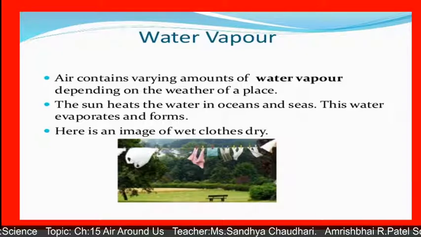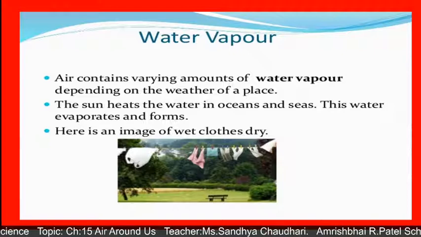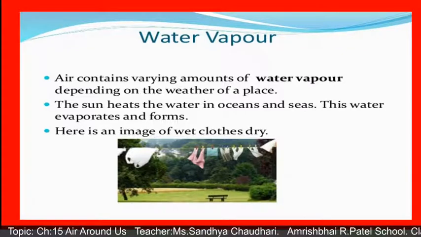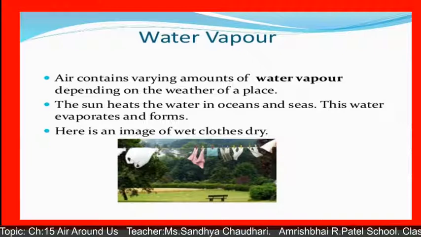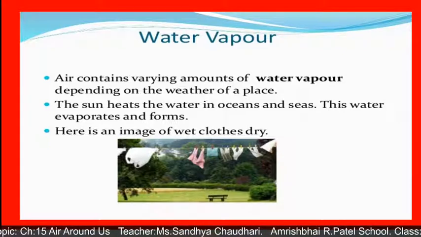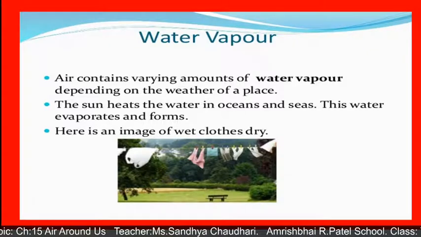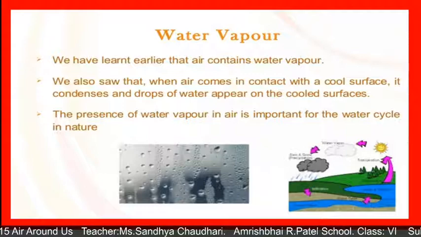Air contains varying amounts of water vapor depending on the weather of a place. The sun hits the water in oceans and seas. This water evaporates. Here is an image of wet clothes drying. We have learned earlier that air contains water vapor.